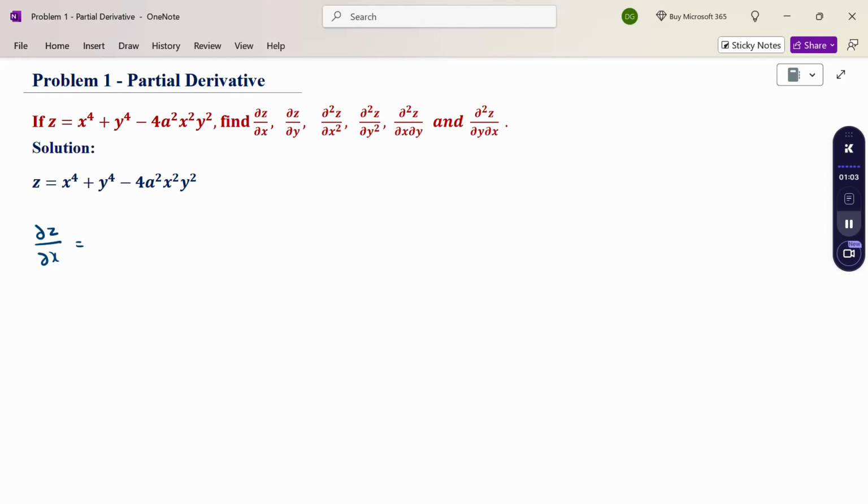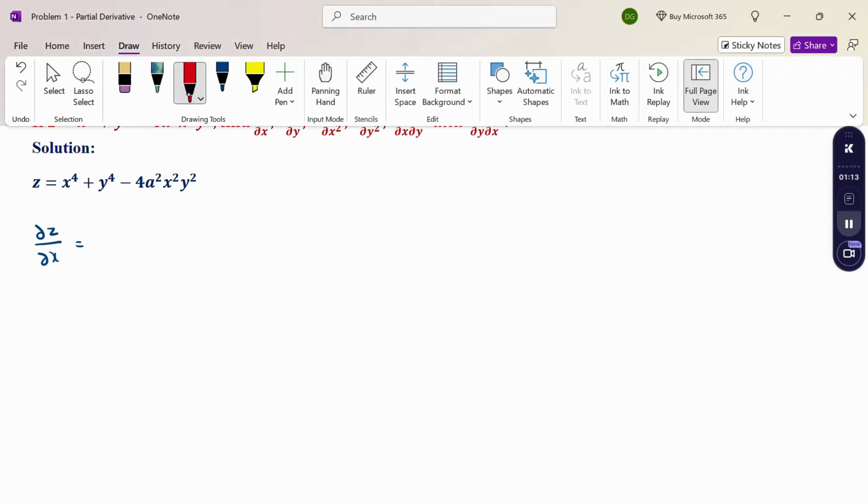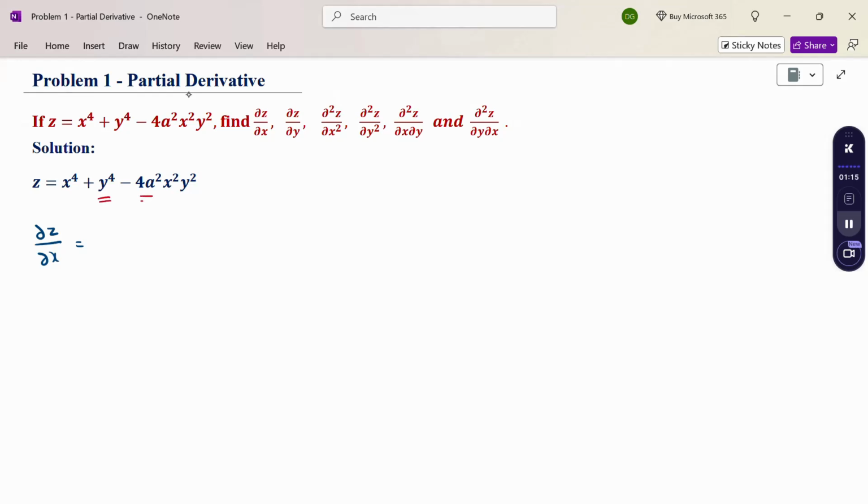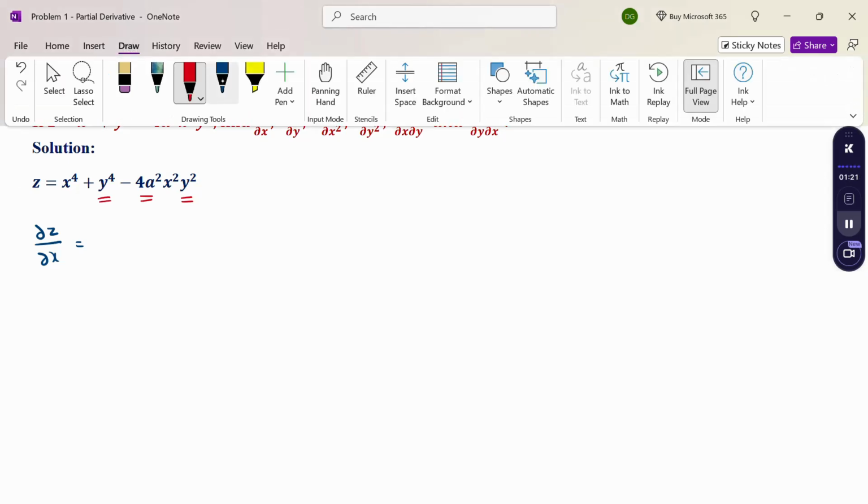Other values are constant. So here y is constant, and the other numbers also are constant. Therefore y, and 4a²y², all these values are constant, and x is the only variable.